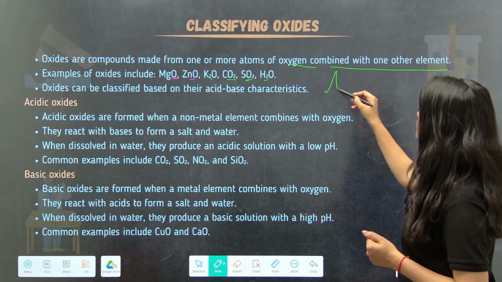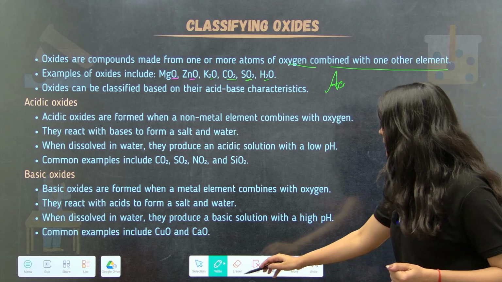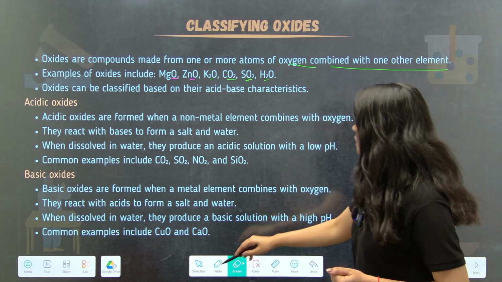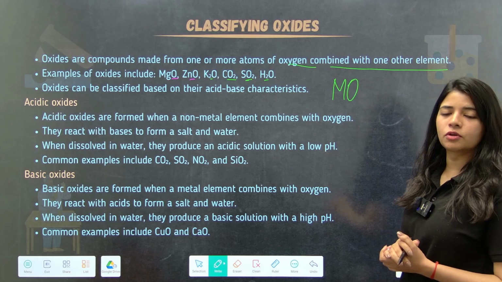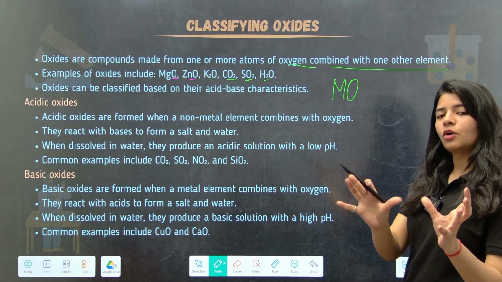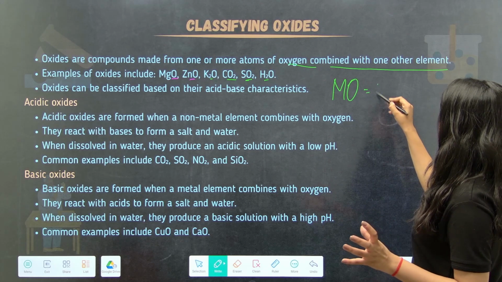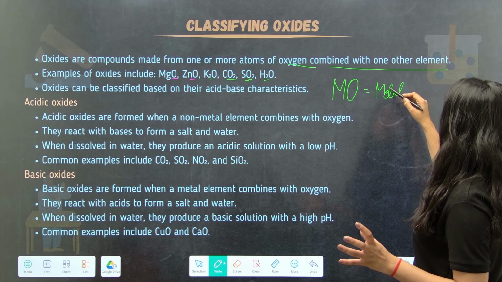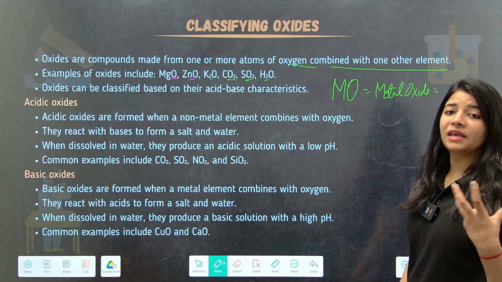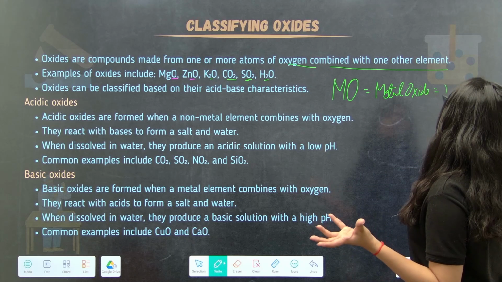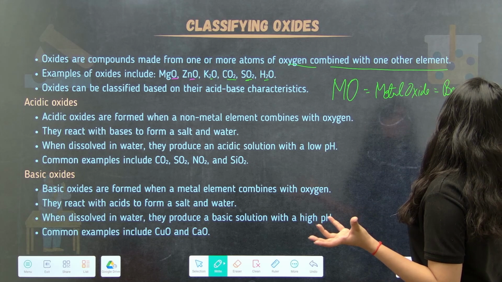Now, what are acidic oxides? For example, you have a metal attached with oxygen. Let me write down metal oxide, and they are basic in nature. So they are also known as basic oxides.